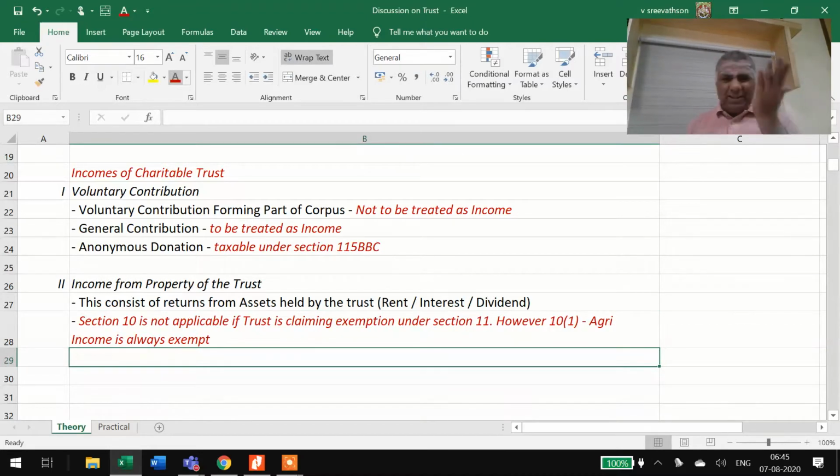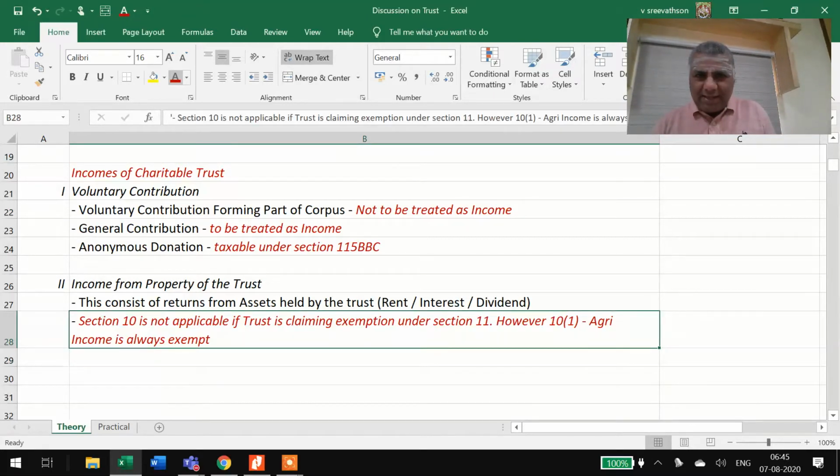Okay, I'll tell you. Section 10 is not applicable if the trust is claiming exemption under 11. 10(1) agricultural income is always exempt. So you can understand it as section 10 is not applicable other than section 10(1). But people will also write other than section 10(1) and 10(23C).